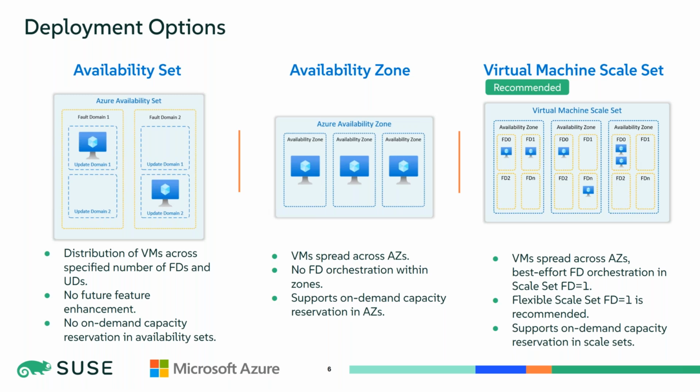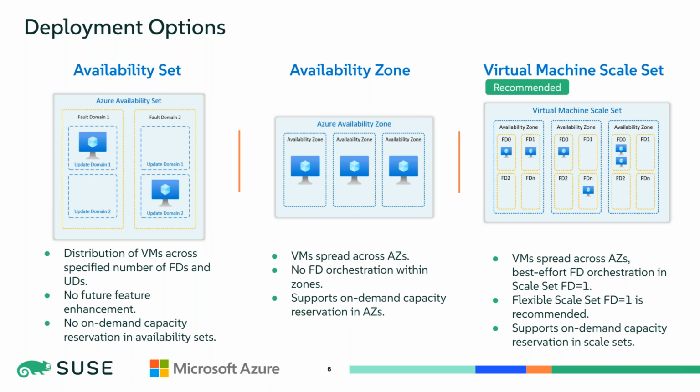When a VM is configured in an availability set, VMs are distributed across a specified number of fault domains and update domains. This helps to ensure that not all instances of your SAP systems are impacted by hardware failure or maintenance events. What I mean by fault domain and update domain, you can visualize: we have a cluster, and a fault domain is basically a rack, one rack in a cluster.